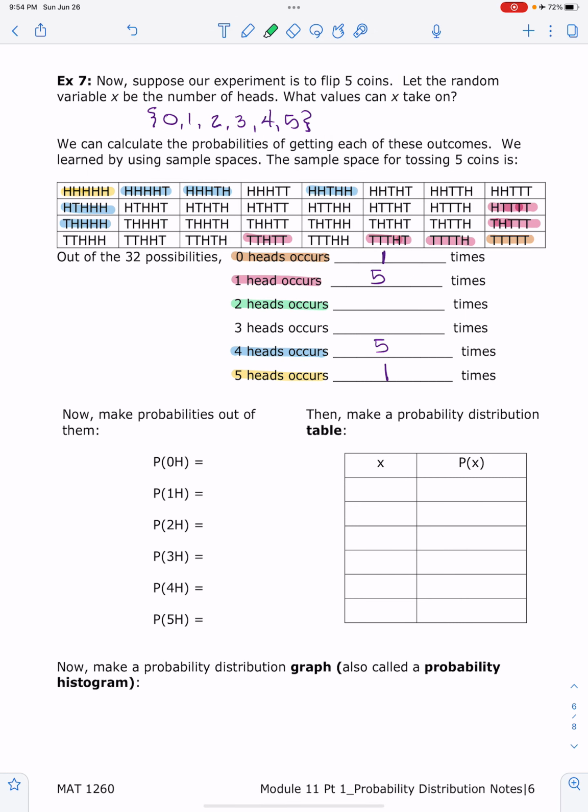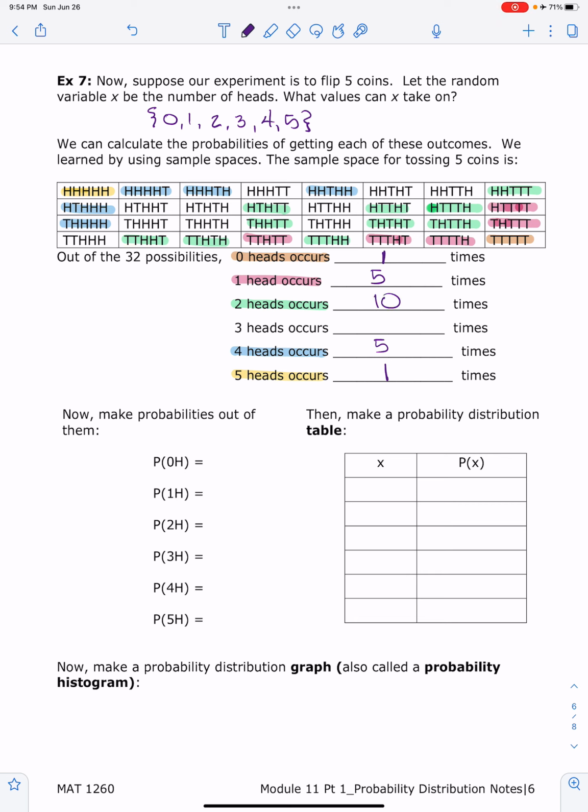So let's see our 2 heads. 2 heads right there. 2 heads right there. 2 heads, 2 heads. 2 there, 2 there. 7, 8, 9, 10. 10 ways to get 2 heads.